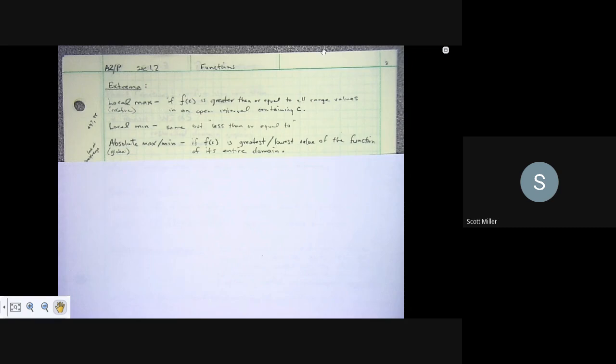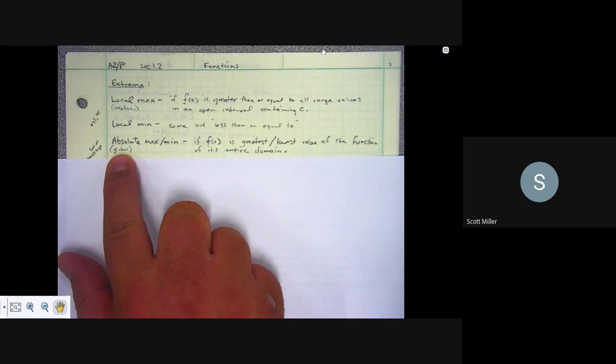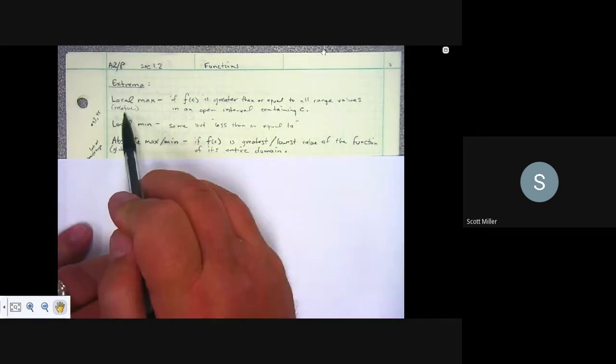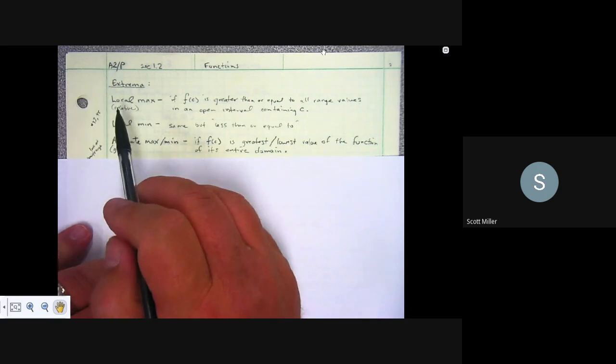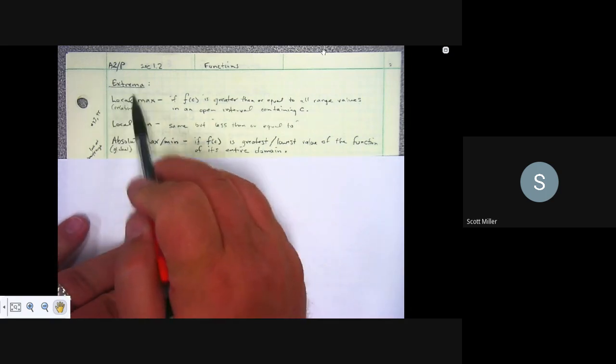The other one we have is absolute or global extrema, and that just means an absolute max or an absolute min. Now I'm going to define both of those for you. Another name for local is relative. So you'll see one of these two words when you do your work. I can't remember which one the book uses. Different books use different terminology.